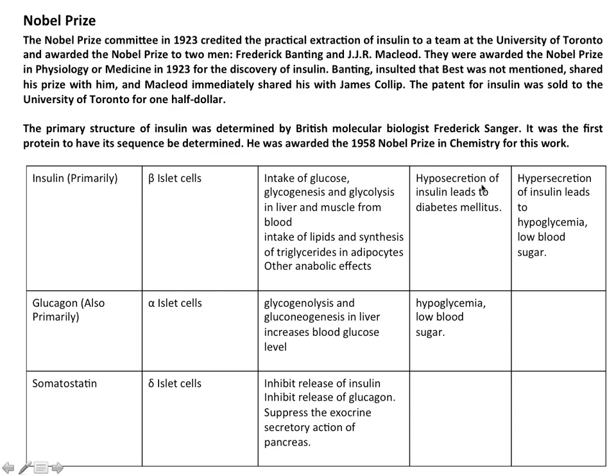Hyposecretion of insulin leads to diabetes mellitus, and hypersecretion of insulin leads to hypoglycemia. The second important hormone of the pancreas is glucagon, which is secreted from alpha cells and is helpful in glycogenolysis, and hyposecretion leads to hypoglycemia. The third hormone is somatostatin, secreted from delta cells. It inhibits the release of both insulin and glucagon.